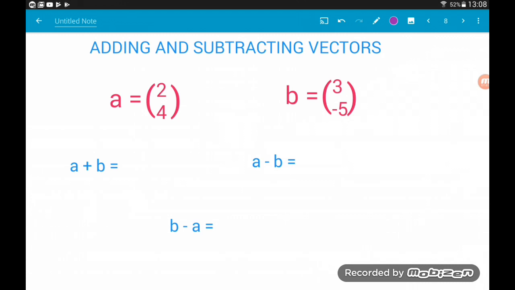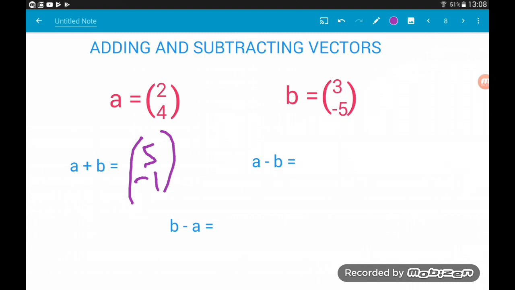So vector A plus B is going to be 2 plus 3, which is 5. And then the y part is going to be 4 plus minus 5, which gives us minus 1. So the vector A plus B is 5, minus 1.